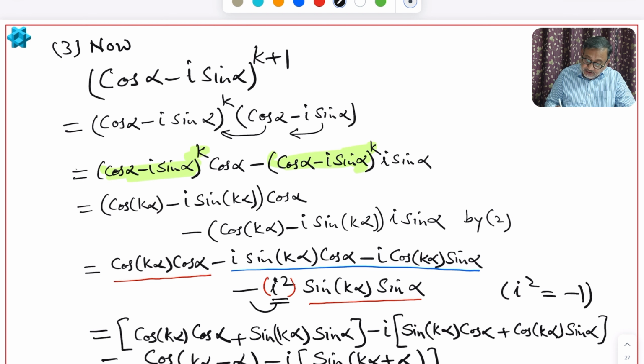Here I think this was plus, so it will be minus here, otherwise I cannot get the correct answer. So this will be minus here, right? And then this will be plus here. Okay, so cos of k alpha minus I sin of k alpha plus alpha.